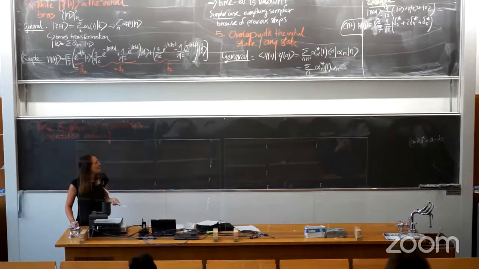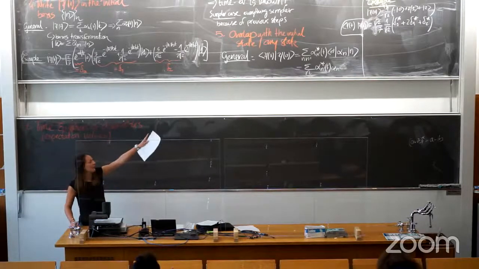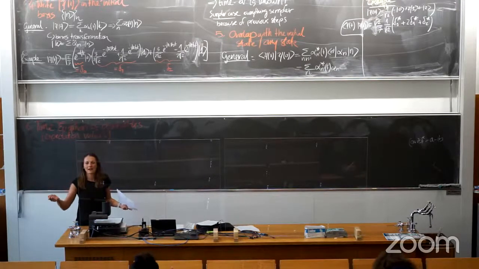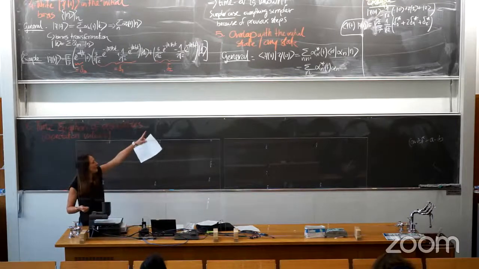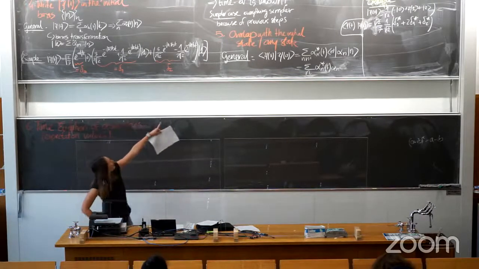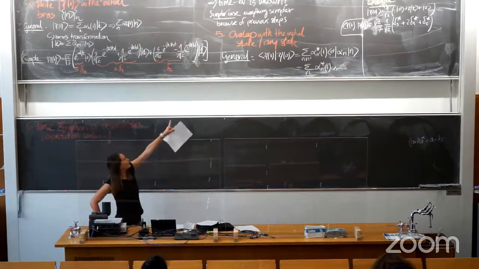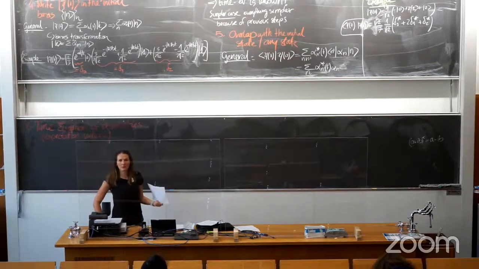You can also overlap it with a basis state or a state you know, and see how similar it is to the state you're looking at. That's why I wrote overlap with the initial state or any state. In the example, we put the initial. Is it clear?